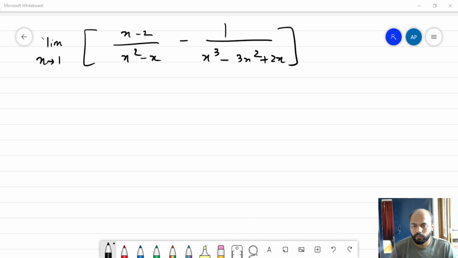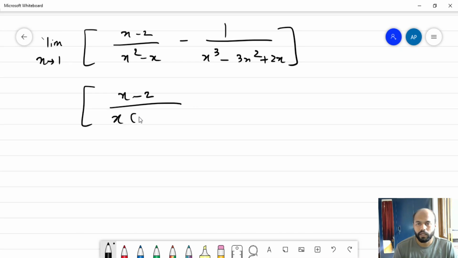Let's take another problem. So x minus 2 is there over here. This is x square minus x. Let's see. First let us factorize it out and then see what happens. So this is going to be x minus 1. And this part, of course, we can write as x into (x square minus 3x plus 2).